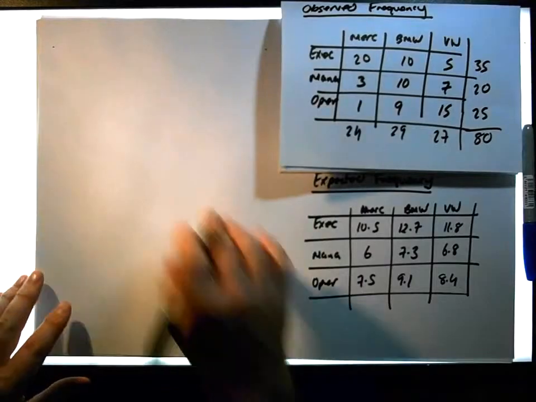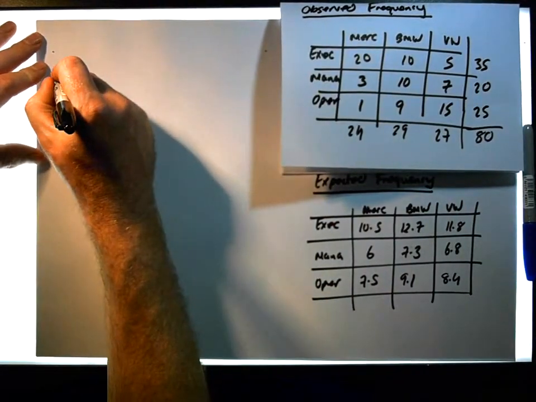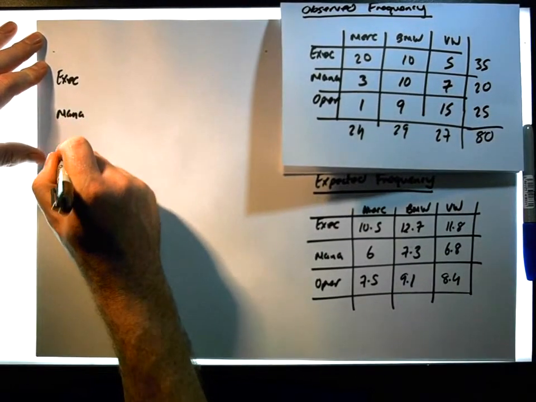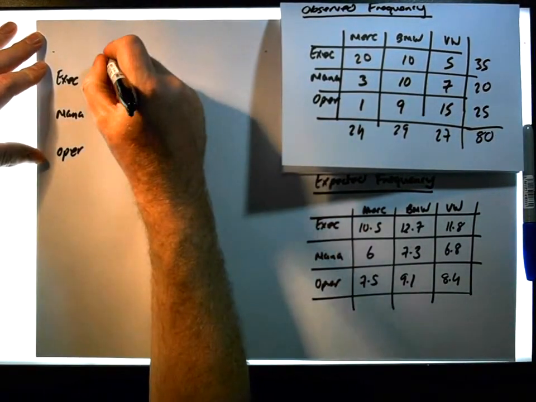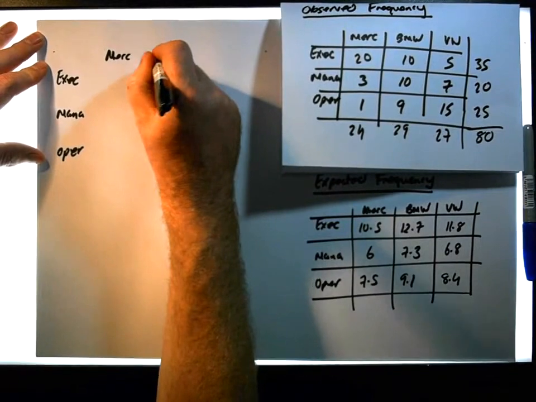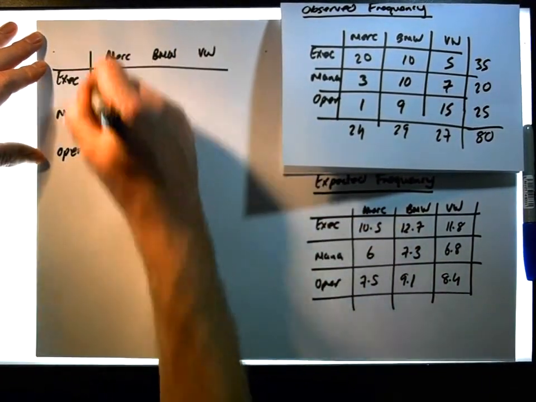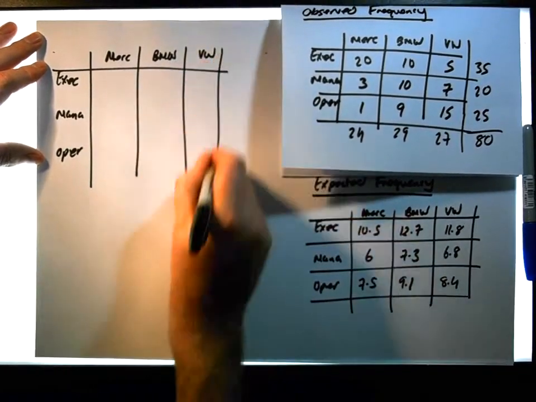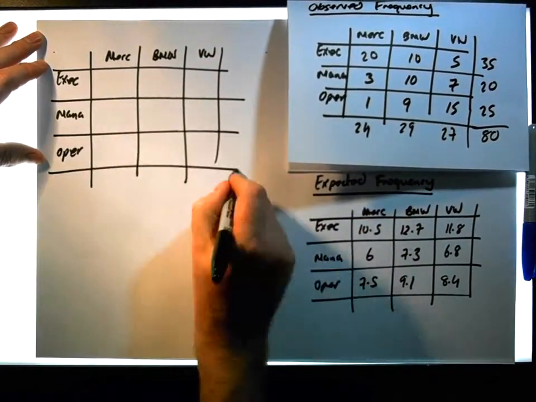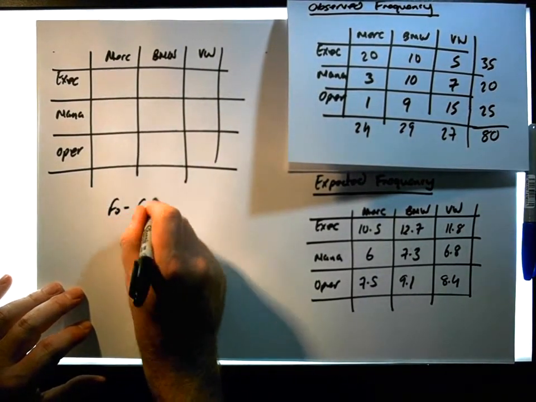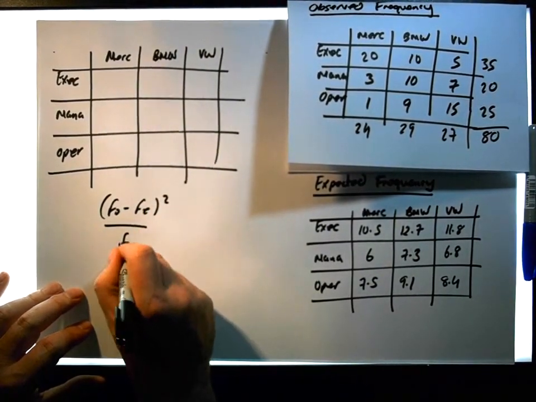Okay, so for our chi-squared table, once again, we have exec, manager, operative, and you drive a Merc, a BMW, or a Volkswagen. In each cell, we're going to have an observed minus an expected squared divided by an expected.